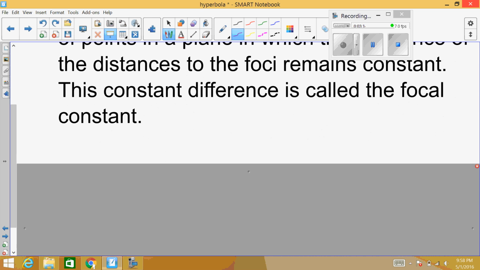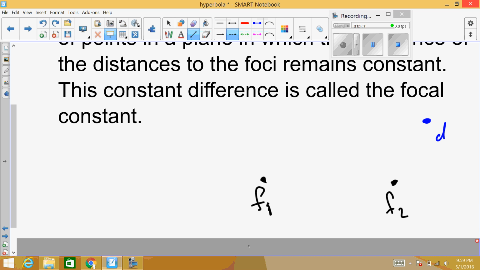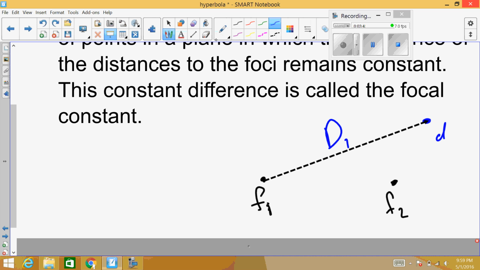Okay, so a picture of what that would be. Here's one focus. Here's the second focus. Let's call that F1 like we did in our description, and F2. Okay, so I've got some point here. Let's just call it D. If I measure the distance from focus 1 to D, let's call that capital D1.